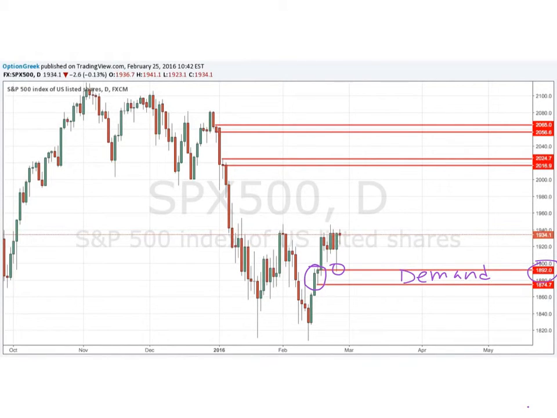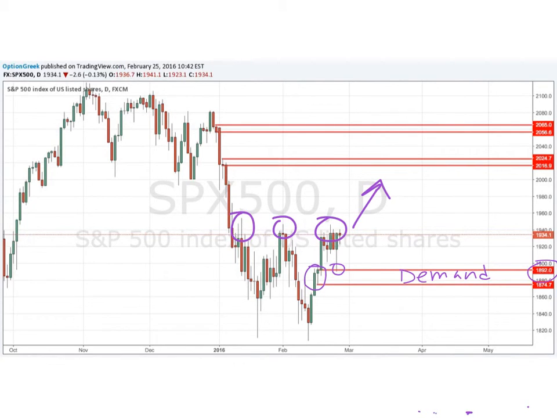The other thing is we're getting, although it's not clear up here, we're getting a lot of wicks in this range right here, where I'm just going to change my pen here, where price is testing quite a bit, and the expectation is that the more price is testing this upward range here, it's reducing the amount of sellers, and at some point we're probably going to see this thing break.